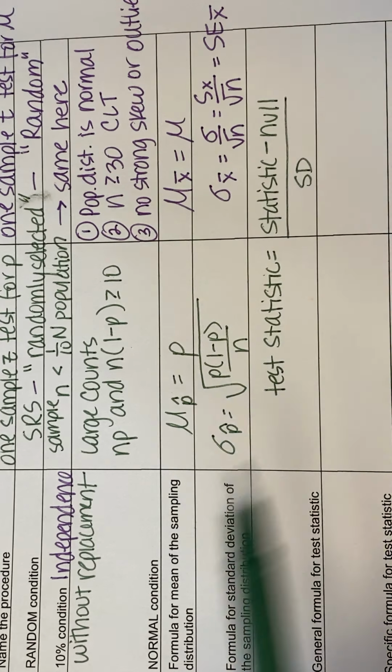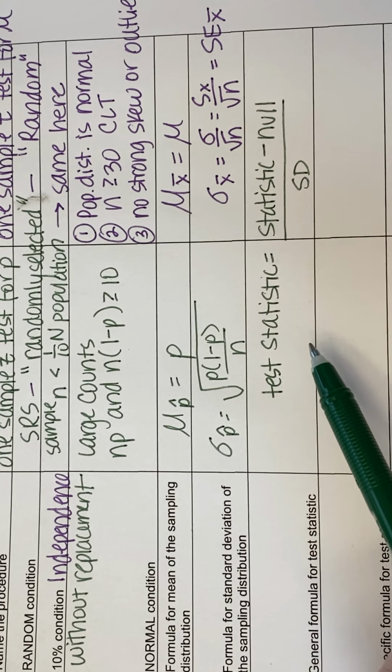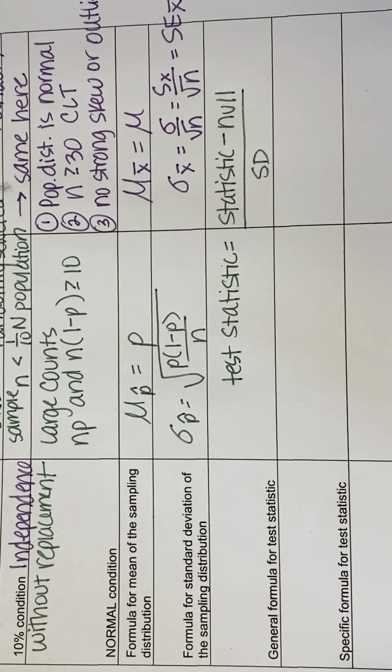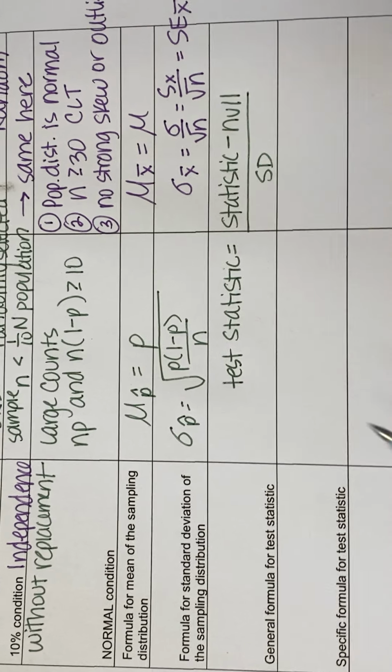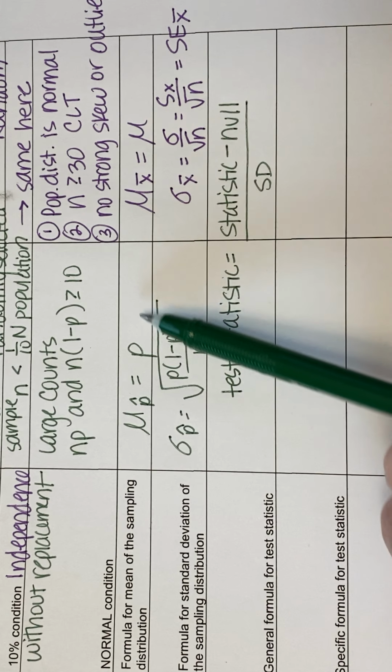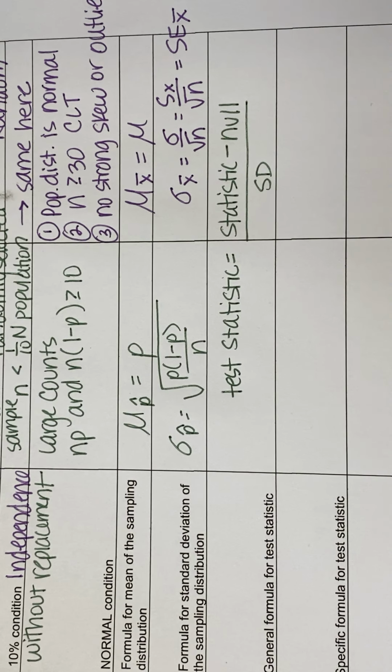So this is written for you on your formula sheet. What I'm getting ready to write next is not on your formula sheet, but all of these formulas are on your formula sheet somewhere. You'll just have to put it all together to get your specific formula for your test statistic.